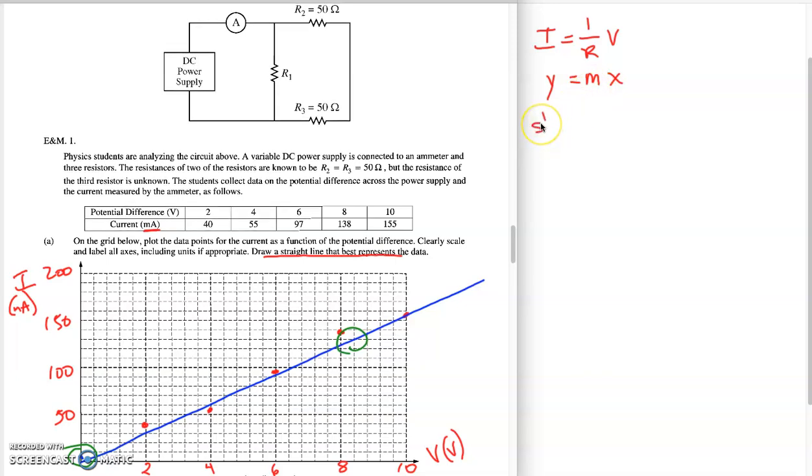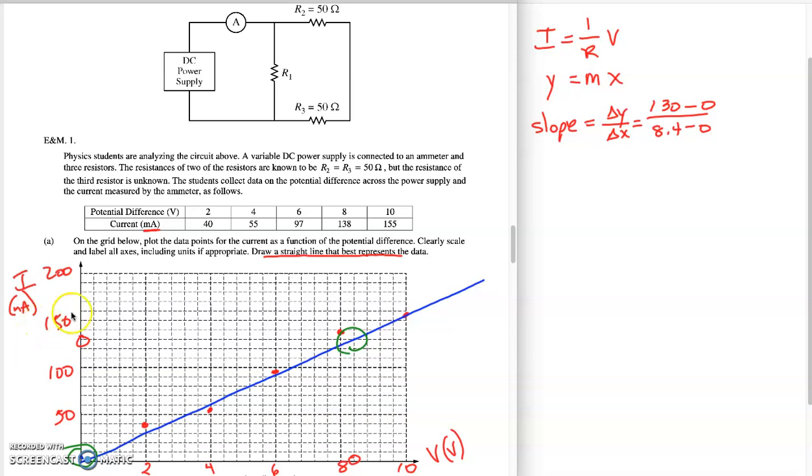So slope, and they will want you to show that you understand that slope is change in y over change in x, and you choose 2 points that fall on the line. I've chosen the origin, and I've also chosen the point that has a y value of 130 and an x value of 8.4. So it would be 130 minus 0 over 8.4 minus 0.